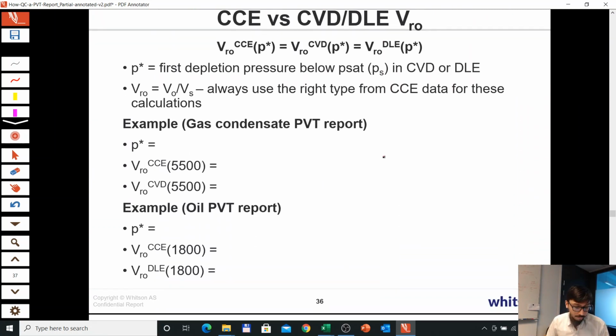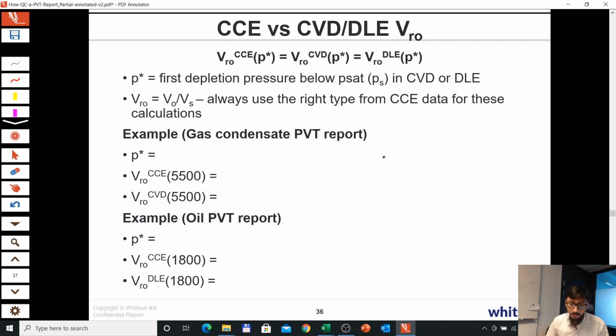Now we will see how the QC can be done. The basic idea is that when we are doing the QC, we cannot do a quality check of the entire relative oil volume data, but at least we can check for the consistency between the relative oil volumes from the different experiments at one pressure.